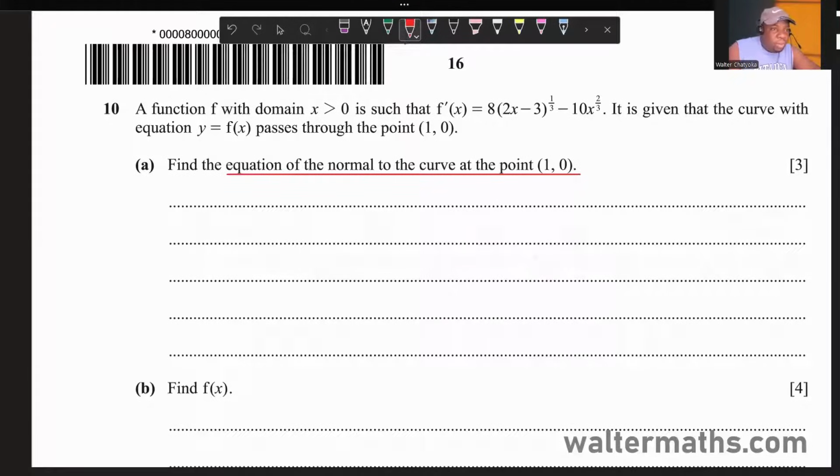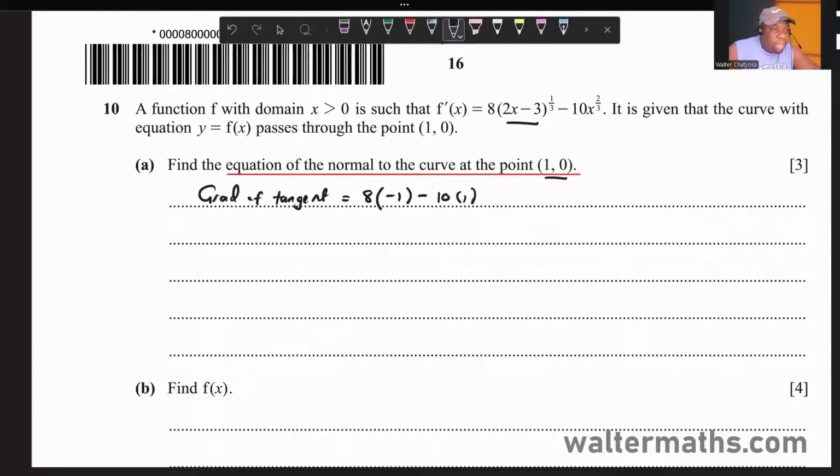All right. So here we're looking for the equation of the normal to the curve at the point 1, 0. So we are going to start by finding the gradient of the tangent, and for the gradient of the tangent, we substitute a 1 for x, right? So it will be 8 of, and if you substitute 1 here into the power third, well, we get minus 1 in here, and that's minus 10 of 1, okay?